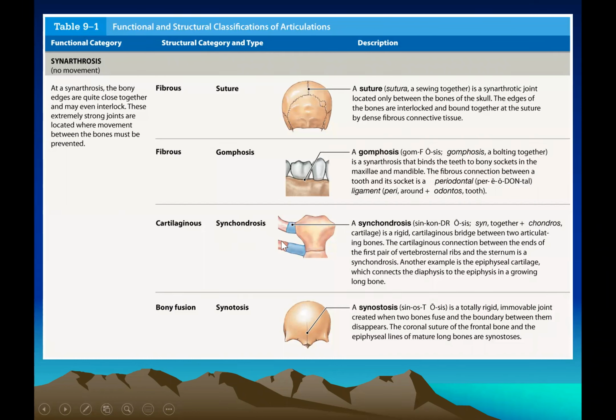Chondro means cartilage. Here's an example of the ribs connecting with the sternum, synchondrosis. A bony fusion, where the bones are connected by a bridge of bone, is called synostosis. Here you can see the frontal bone is actually the fusion of two bones, synostosis.